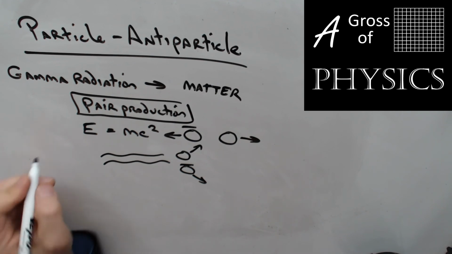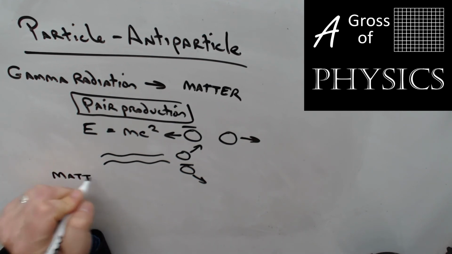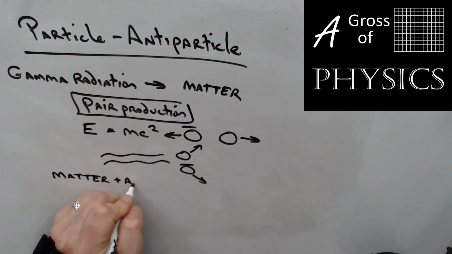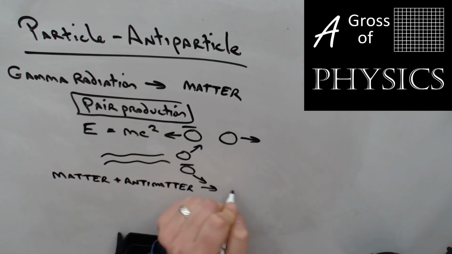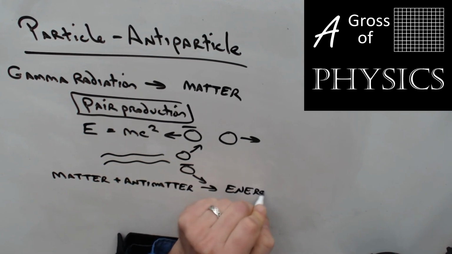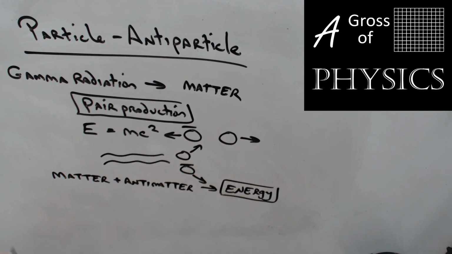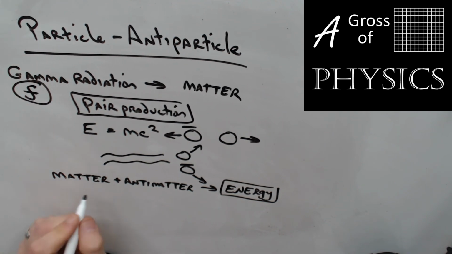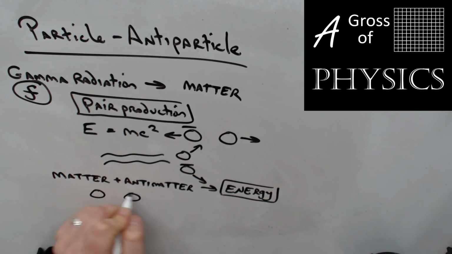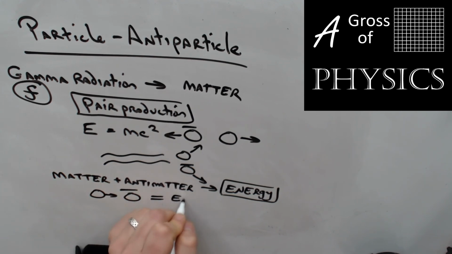On the other hand, we can have matter collide with antimatter, and that's going to form energy. It could be gamma radiation or something else, depending upon the frequency. Remember, gamma rays have high energy because of their frequency value. So the matter comes in, collides with antimatter, and then the result is energy.